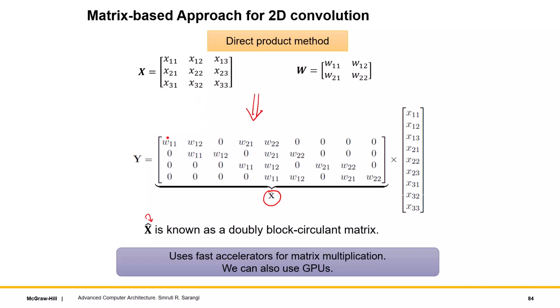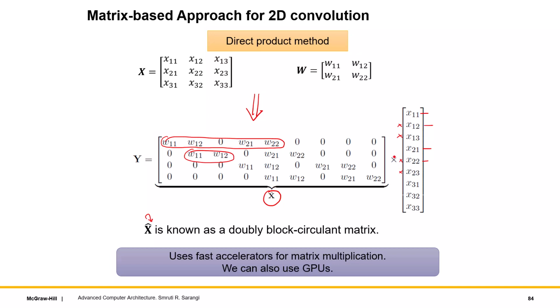If you can see, we have arranged them in this way such that W11 gets multiplied with this, W12 with this, W21 with X21 and W22 with X22. Then in the next row we multiply W11 and W12 with these two entries, and then we skip one entry and again multiply with these two.